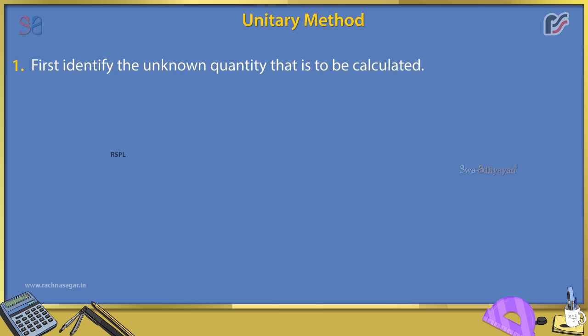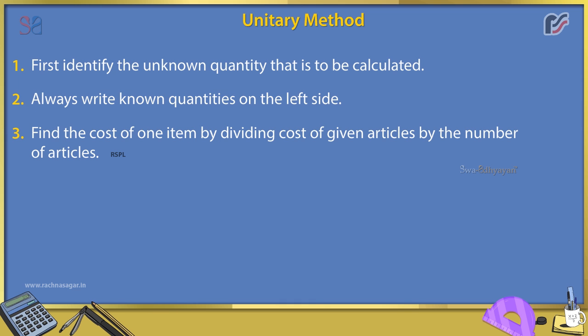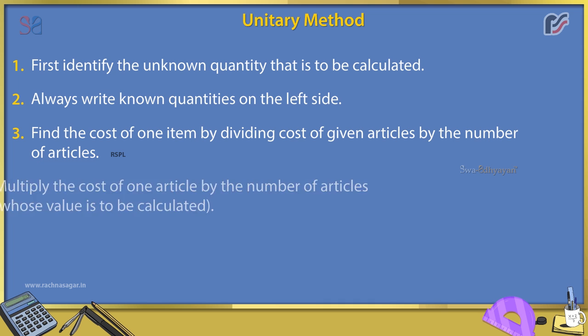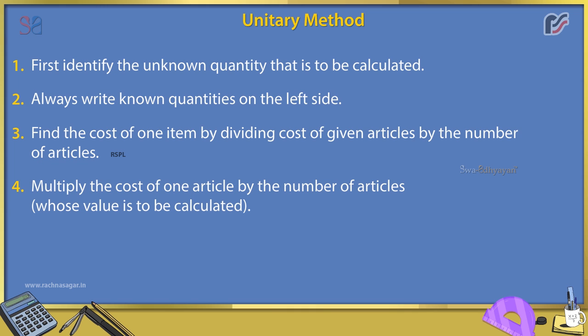First, identify the unknown quantity that is to be calculated. 2. Always write known quantities on the left side. 3. Find the cost of one item by dividing cost of given articles by the number of articles. 4. Multiply the cost of one article by the number of articles whose value is to be calculated.